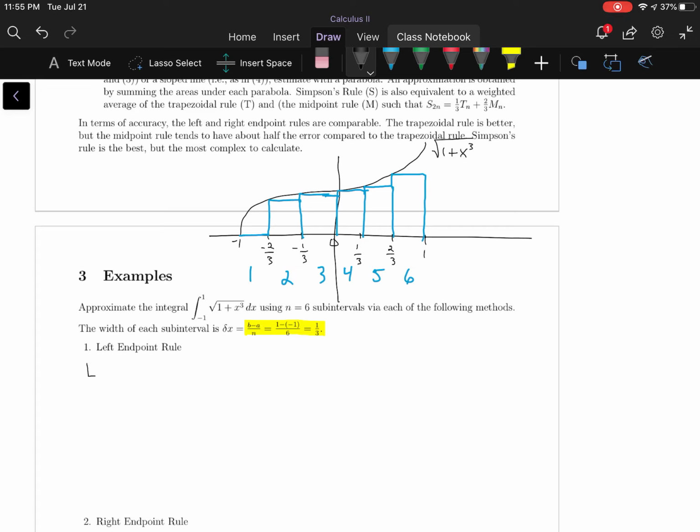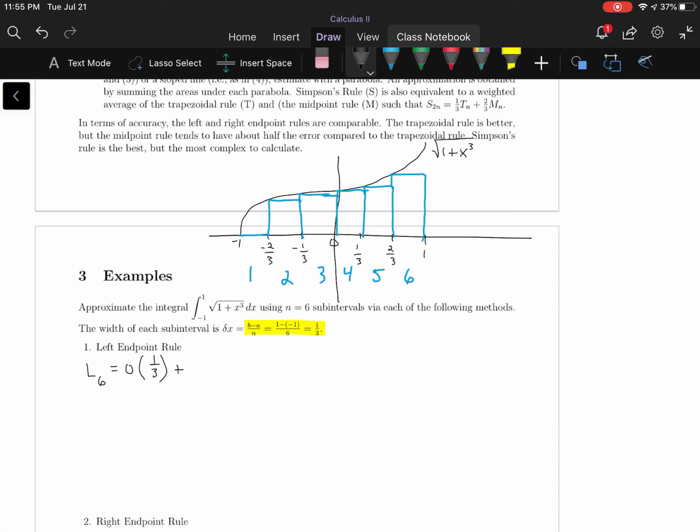So the left endpoint, based on 6 subintervals, I'm using L sub 6 to represent that, is going to be the area of the first rectangle, which has a height of 0 and a width of 1/3, plus the area of the second rectangle.